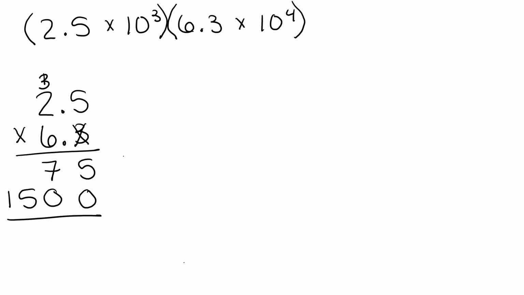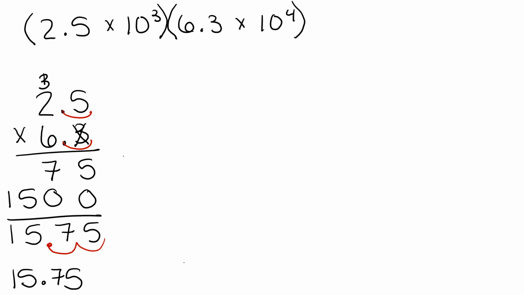And then we add up our answers. 5 plus 0 is 5, 7 plus 0 is 7, and we can bring down the 5 and the 1 because we don't have any numbers left to add. We have 2 decimal places in our answer, and so we move it 2 decimal places to start. Meaning our answer so far is 15.75.